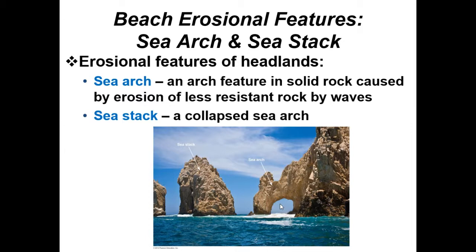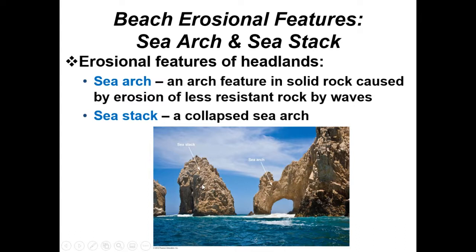It could be weak cementing of sedimentary rocks, or the presence of cracks, joints, whatever. There's a host of reasons why this area would erode while the rest of the arch doesn't. But basically, a sea arch has that arched feature with the hole in the middle that's eroded.